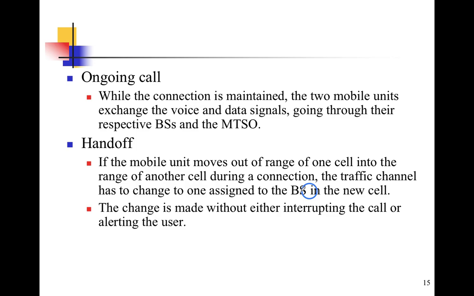Okay, on the ongoing call, while the connection is maintained, the two mobile units exchange voice and data signals going through their respective base stations and the MTSO. So this one is a normal ongoing call. Now the concept of handoff: if the mobile unit moves out of the range of one cell into the range of another cell during the connection, the traffic channel has to change to one assigned to the base station in the new cell.